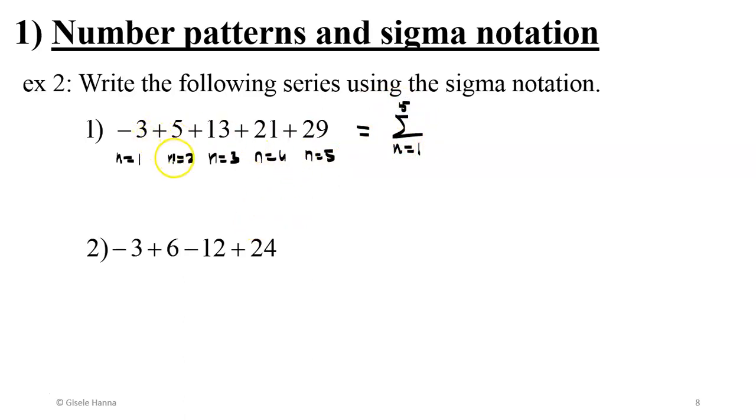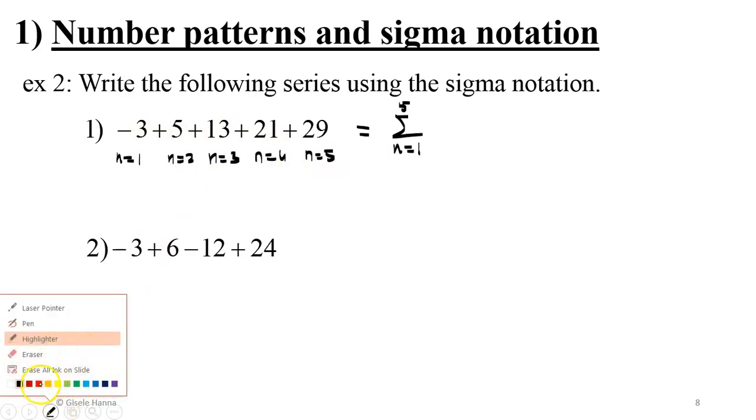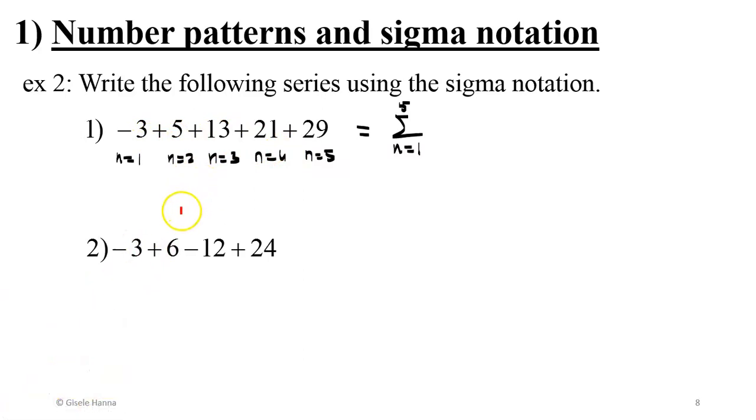Now I need to determine the general term, and the general term is what in fact highlights the pattern by which the terms of the sequence or the series are progressing. Okay, so I notice here that to move from -3 to 5, I'm in fact adding 8. And then you notice that for following each term, in order to determine the next term, I'm still adding 8.